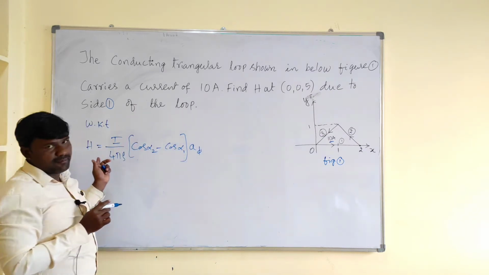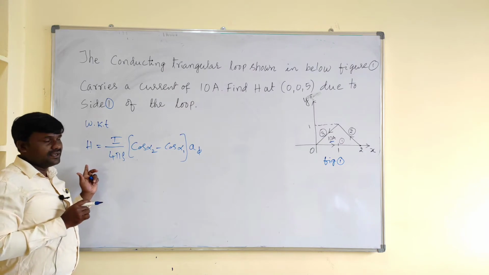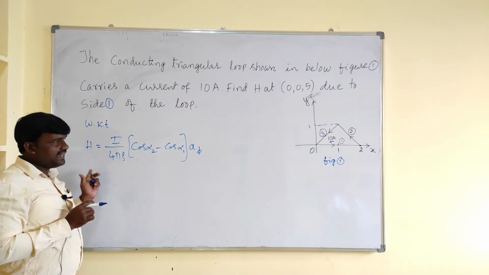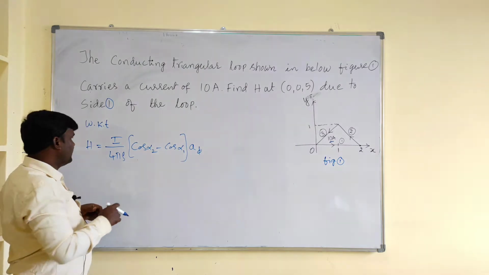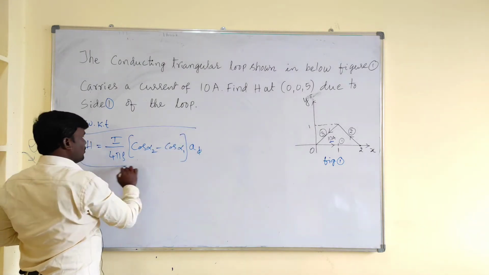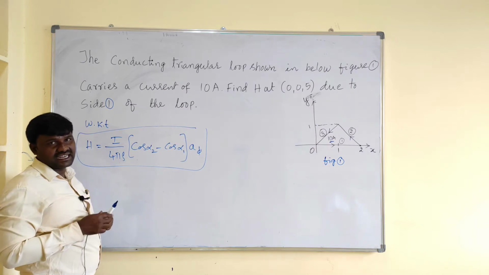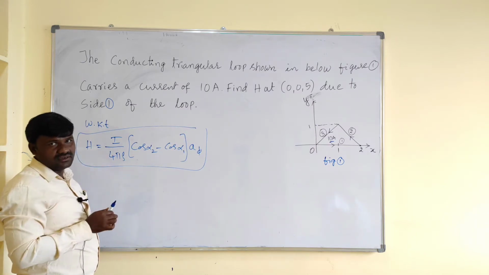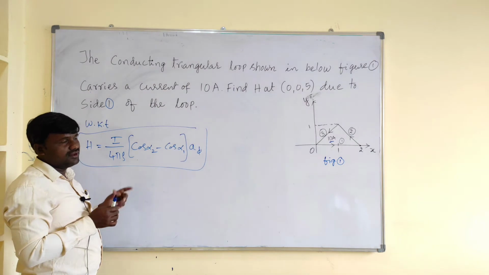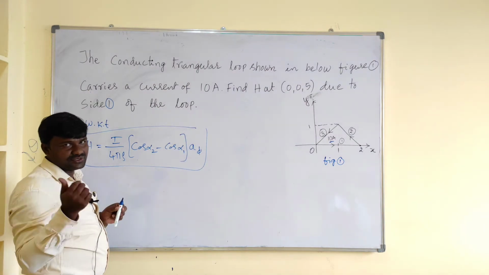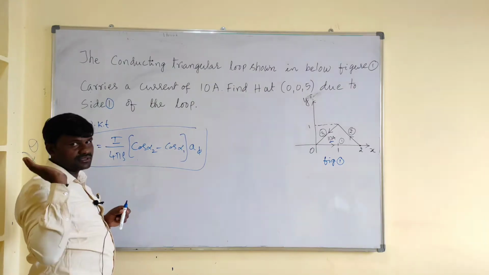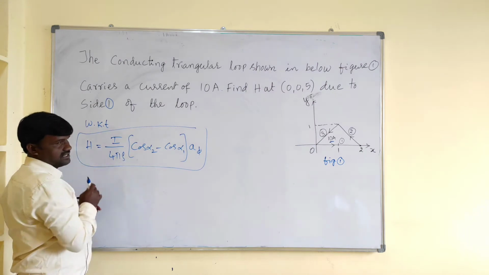It is the magnetic field intensity due to a finite straight current carrying conductor. We derived this equation in the topic called magnetic field intensity due to straight current carrying conductor. Please refer to that topic. I already uploaded a video on it, using Biot-Savart's law.